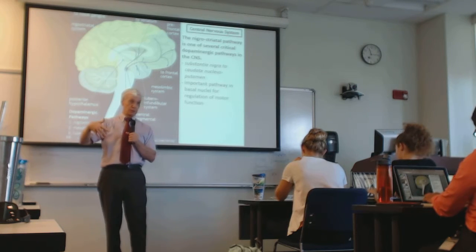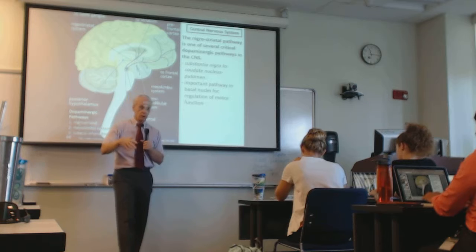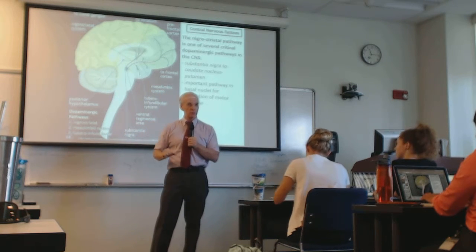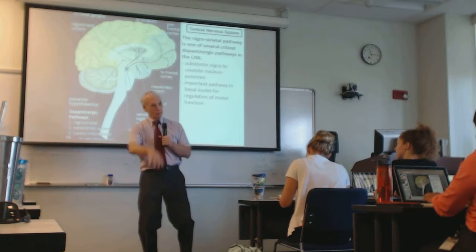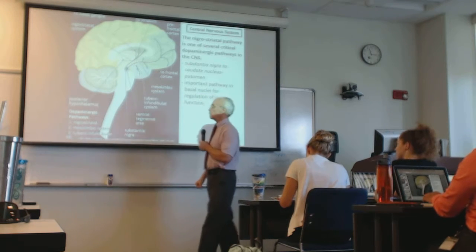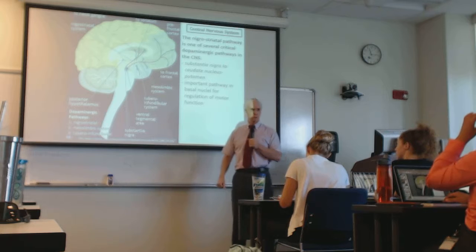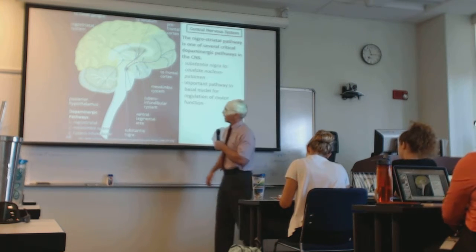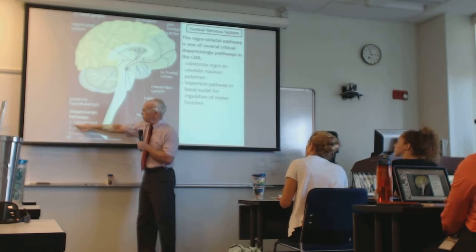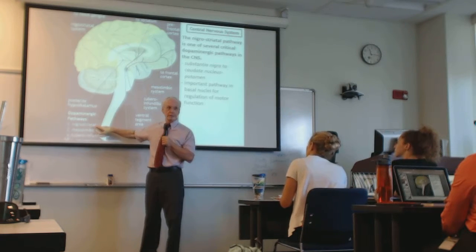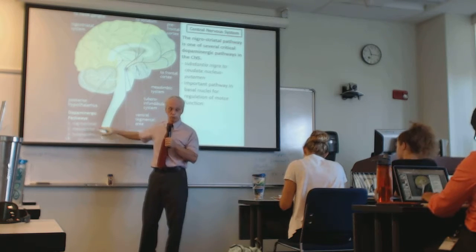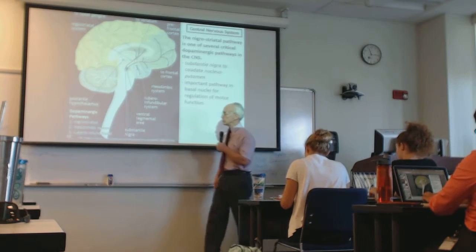We don't lose cells typically in aging, but the cells shrink. The number of cells doesn't change all that much. Same thing happens in Parkinson's disease, for whatever reason, with age and with Parkinson's. Parkinson's in some respects is an accelerated aging of the substantia nigra. That pathway is diminished. So the nigrostriatal pathway in Parkinson's disease is no longer functional. It's dramatically reduced in functionality.